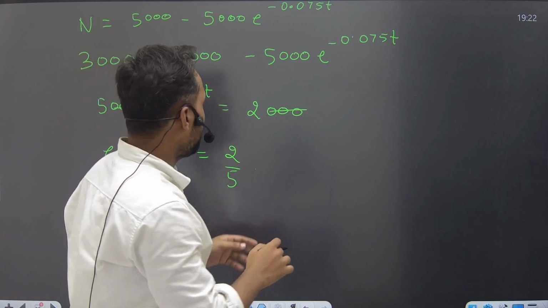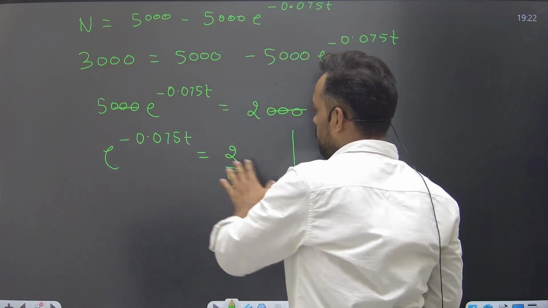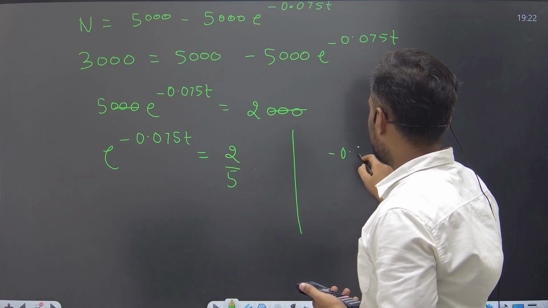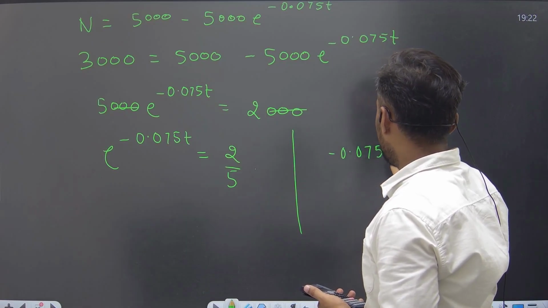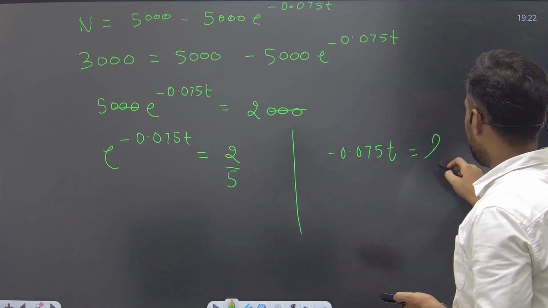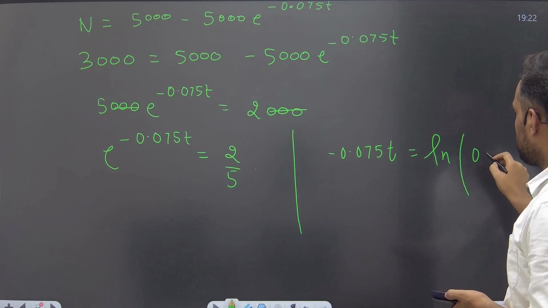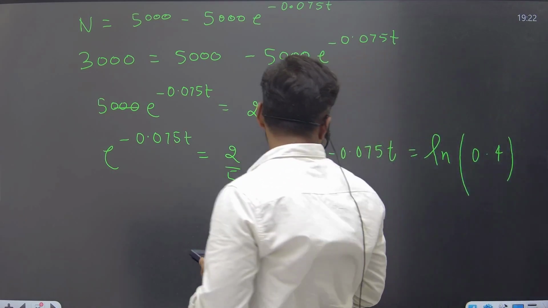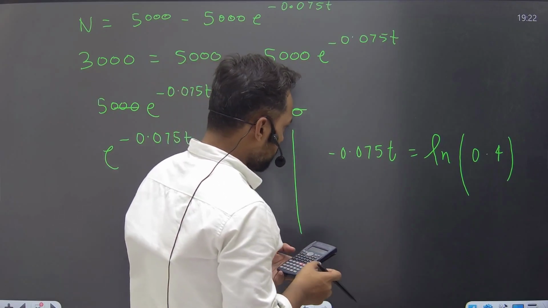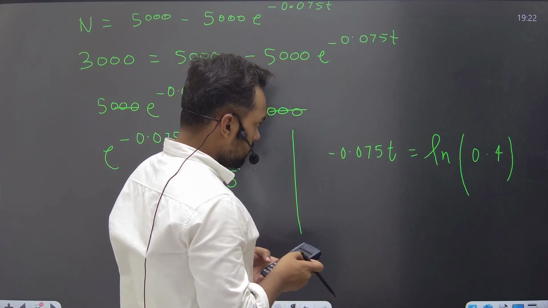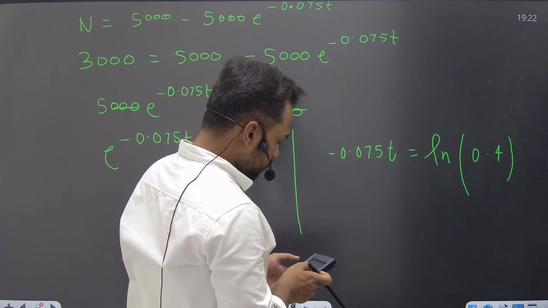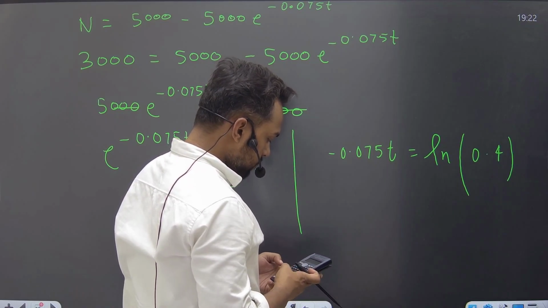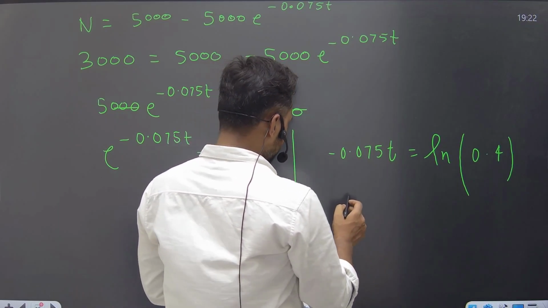Now what we need to do here, we just need to take log on both sides. So you will get negative of 0.075 t equals ln of 2 by 5, that is equal to 0.4. If I calculate here, you will get negative ln 0.4 is equal to negative of 0.916.